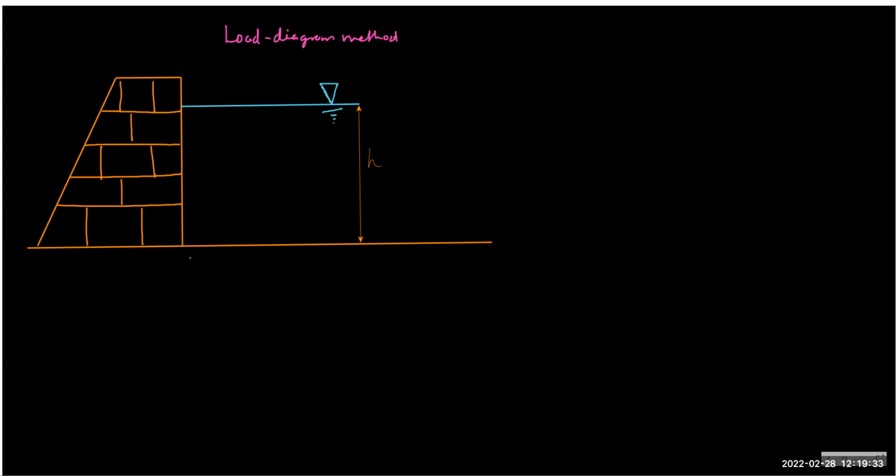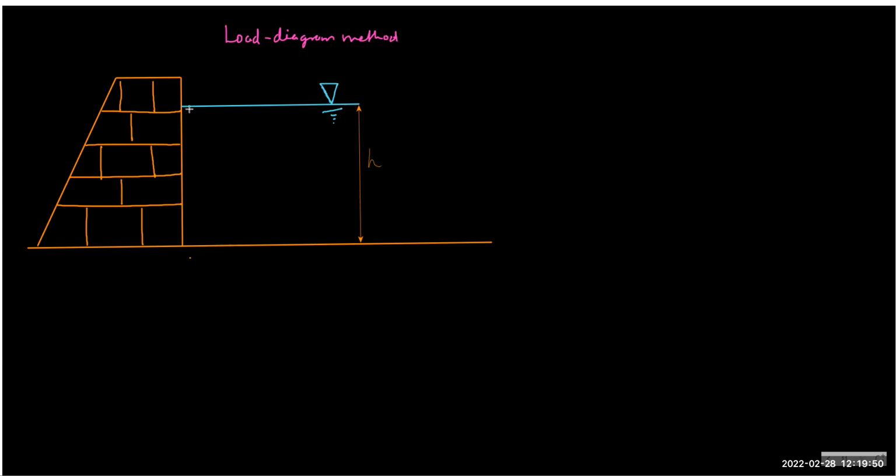But I found this very useful in solving the torque problem. So we'll see how useful it is. In the load diagram method, the pressure is called the load, basically, in engineering terms.